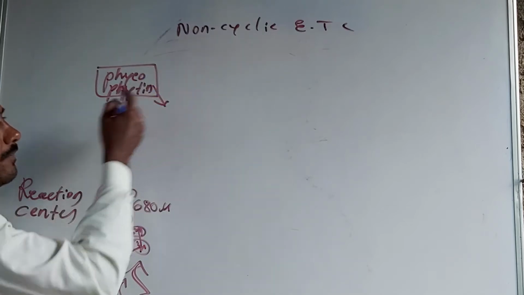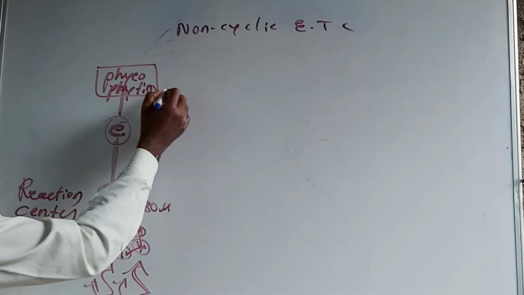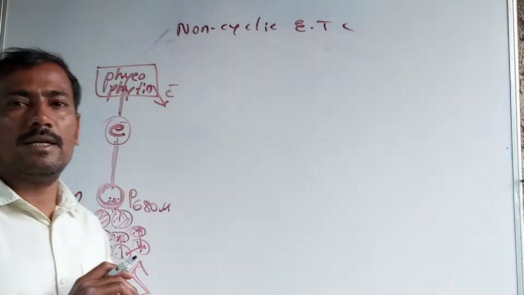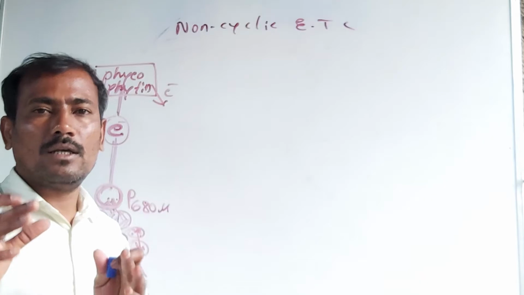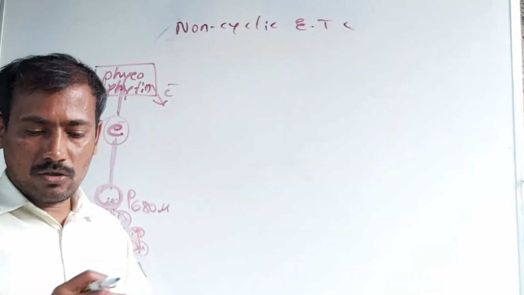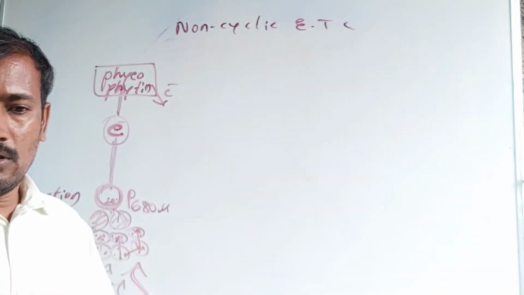From the 5O15, the highly excited electron moves from one electron carrier to another electron carrier molecule.